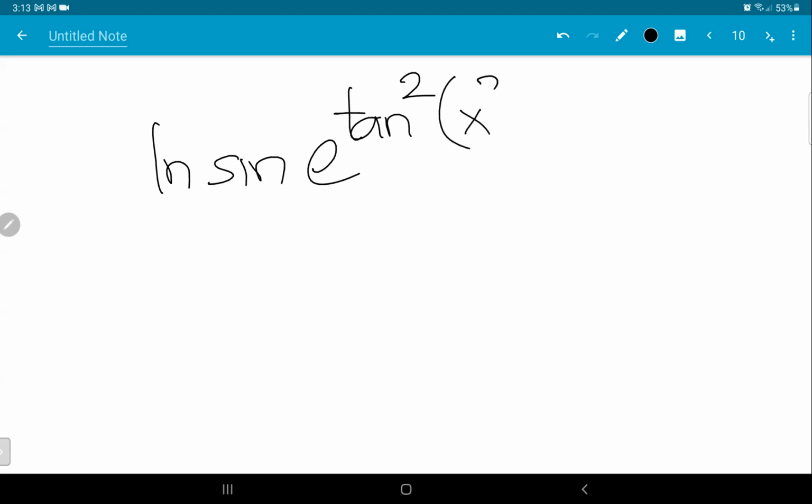Let's just not make that complicated. There. So differentiate that: ln of the sine of e to the quantity tangent squared of x cubed.